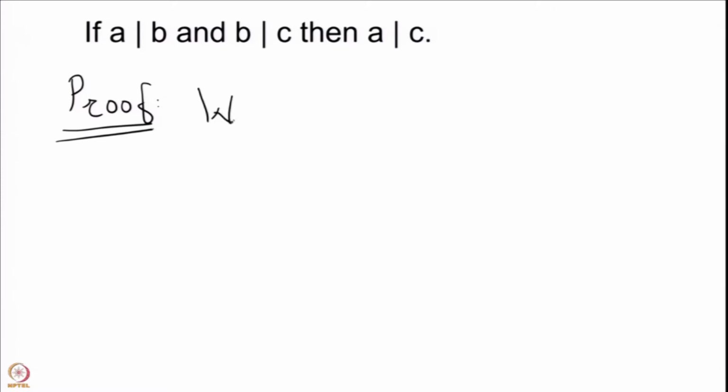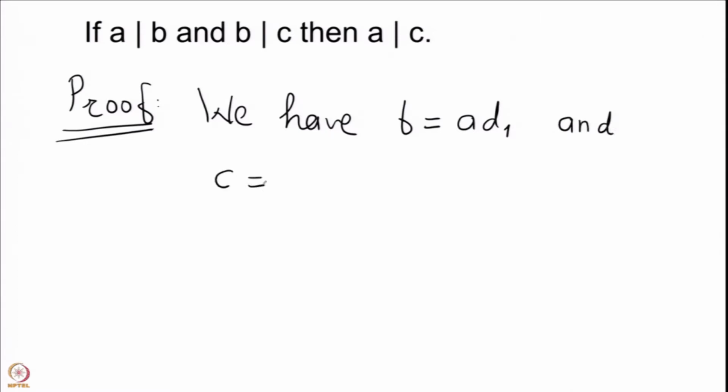We have B equal to A D1. It is given that A divides B. So, B has to be of the form A into some natural number D1, and C equal to B into D2 for some D1, D2 in N. This is what we must have.